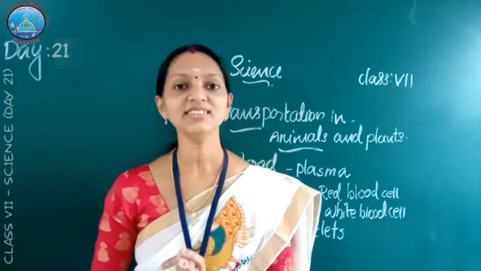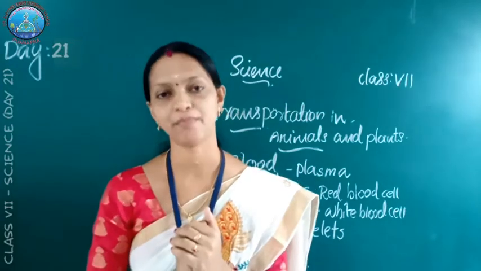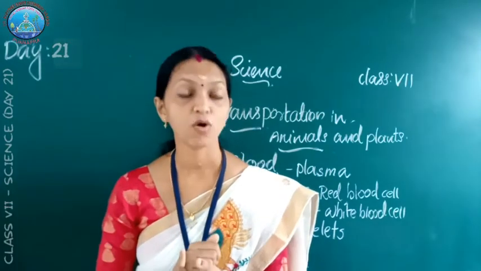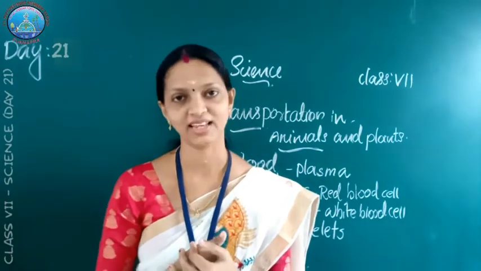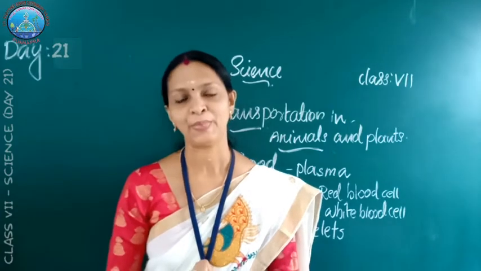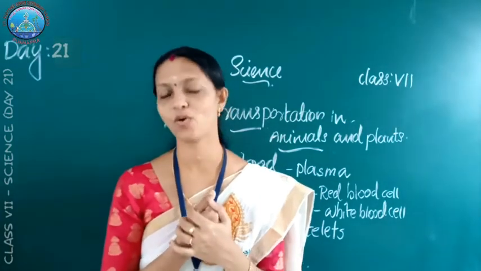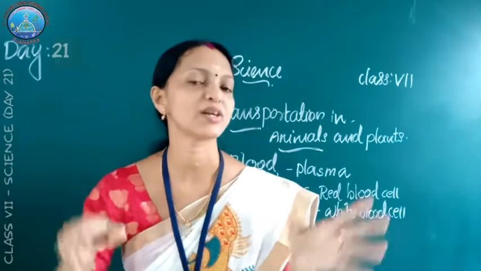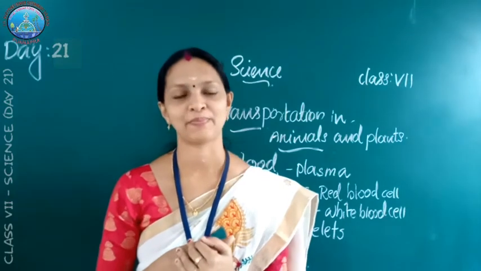Okay, dear children, first we learned about blood. Blood is a fluid. It carries oxygenated blood from the lungs to all parts of the body, and also helps in the removal of waste from our body. It also absorbs digested food from the small intestine and carries it to all parts of our body. It helps in the absorption process.